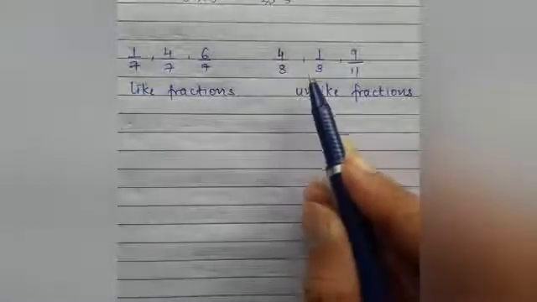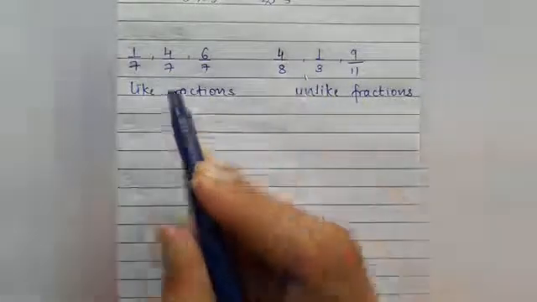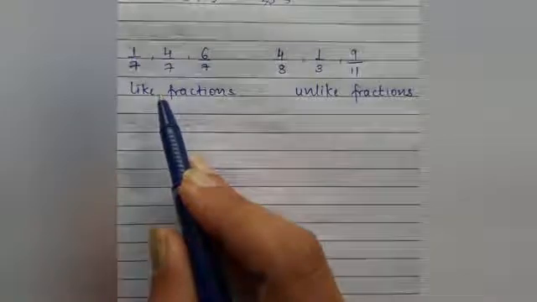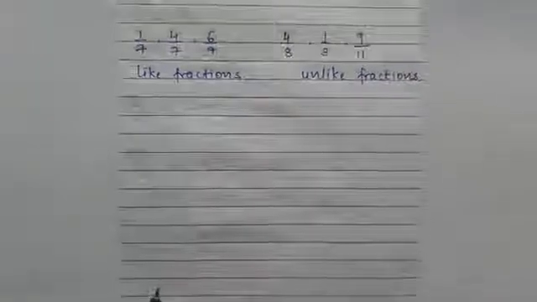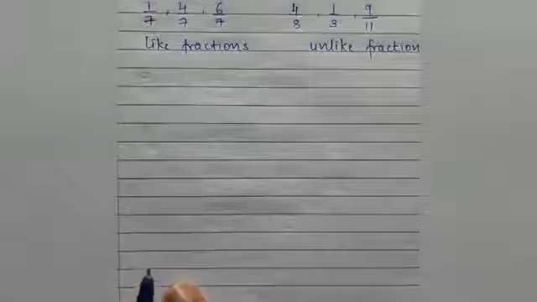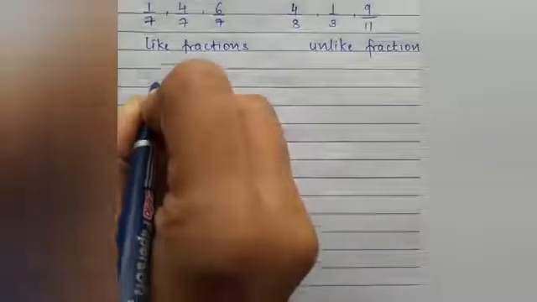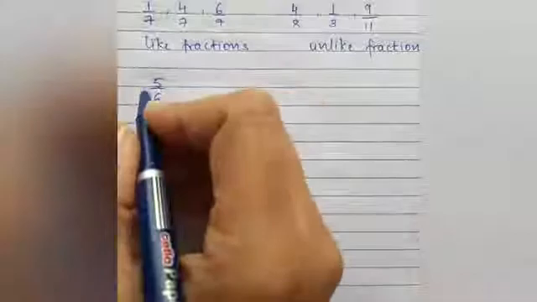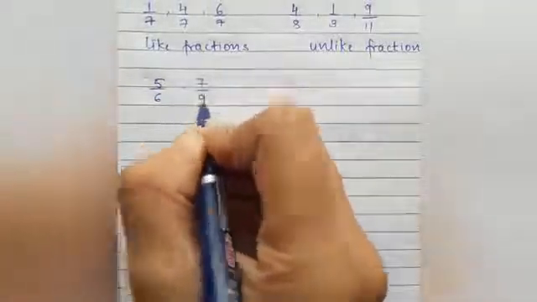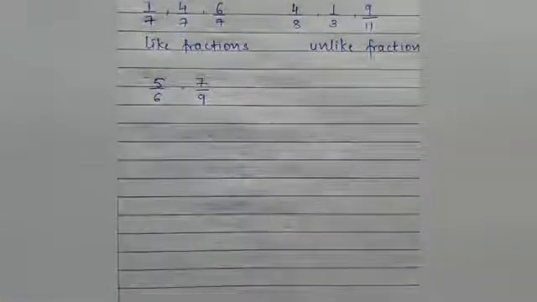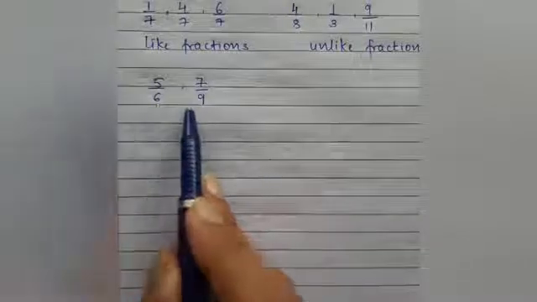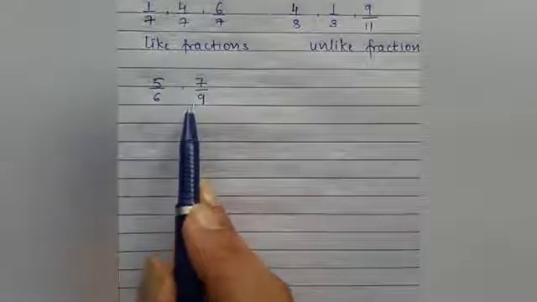Now, our next part is focusing on how to convert unlike fractions into like fractions. For example, if I take fractions such as 5 upon 6 and 7 upon 9, here I see that the denominators of these two fractions are not equal.